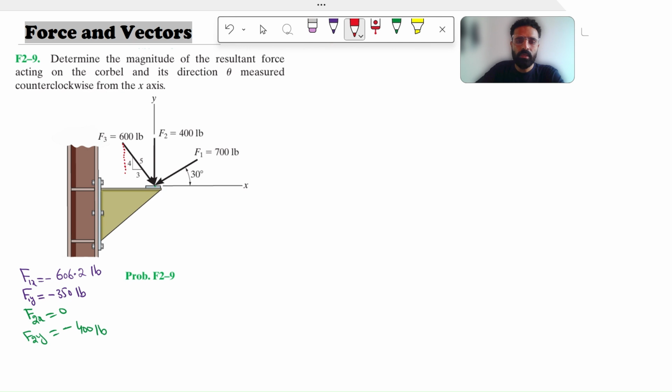The y component will be acting somewhere here, and its direction will be downward, and the x component will be on the x-axis, and its direction will be on the right side. So this will be F3x, F3y. This is the y component, this is the x component. Here you can see that we have one large, big triangle and this one small triangle.